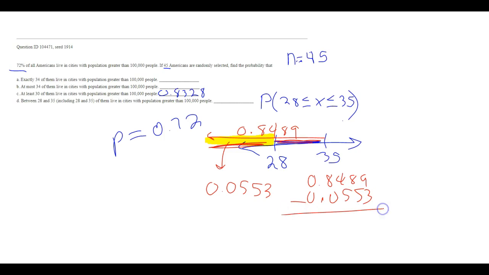And it looks like I have 0.7936 for the probability that we have between 28 and 35 Americans living in cities with populations greater than 100,000.